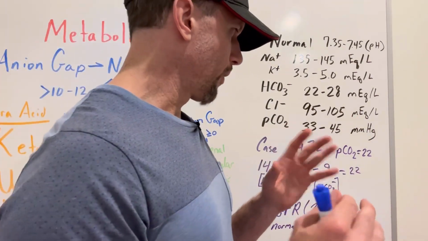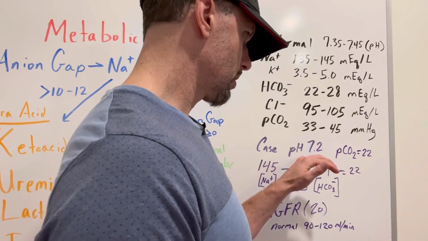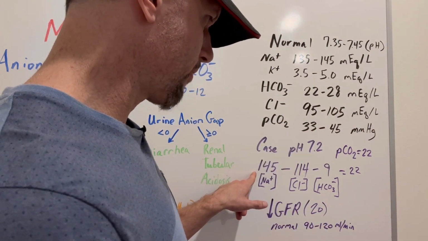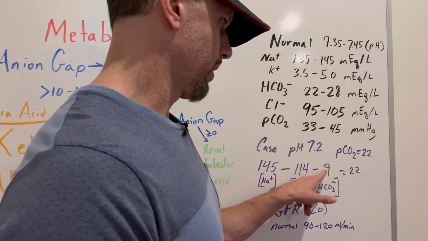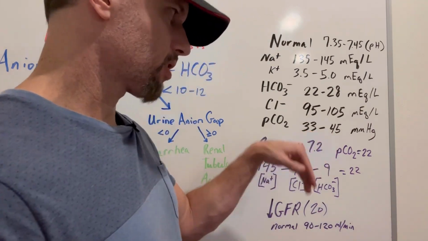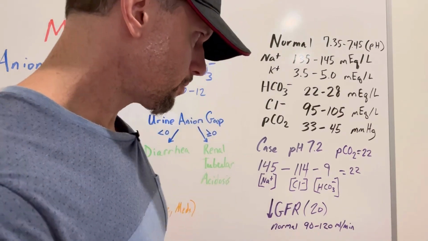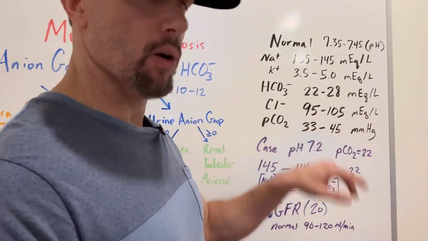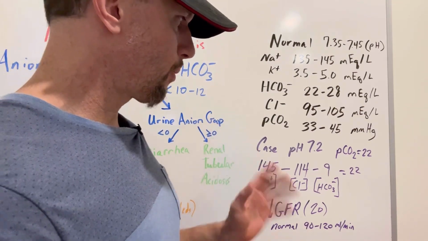So we determine we have an acidosis, and our values are sodium 145 milliequivalents per liter, chloride 114, and bicarb 9. So our pH is low, so is our bicarb, so that tells us this is a metabolic acidosis. And then partial pressure of carbon dioxide is 22, and that's low. We'll talk about why that's low after this. So we decide we have a metabolic acidosis.